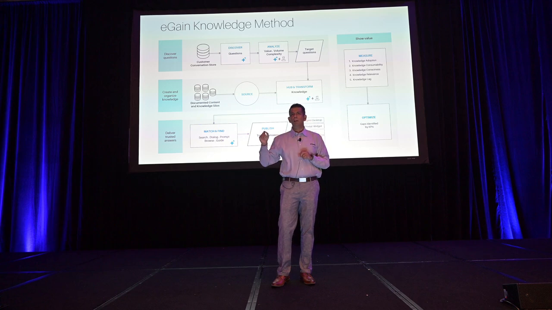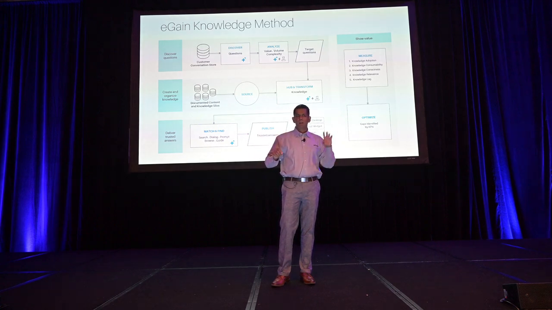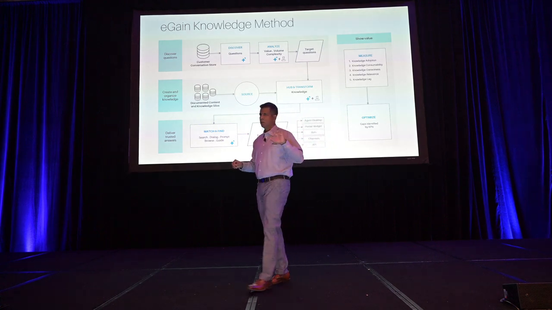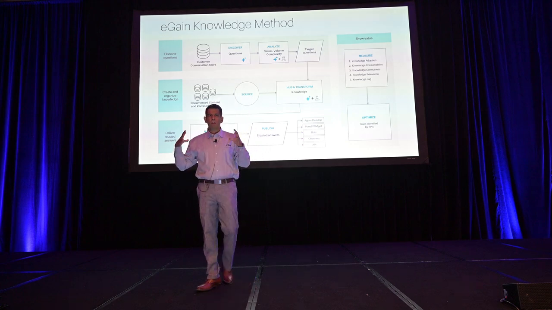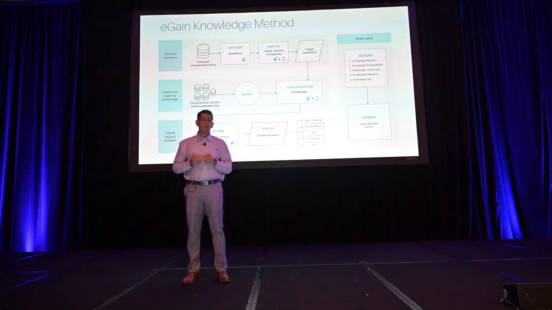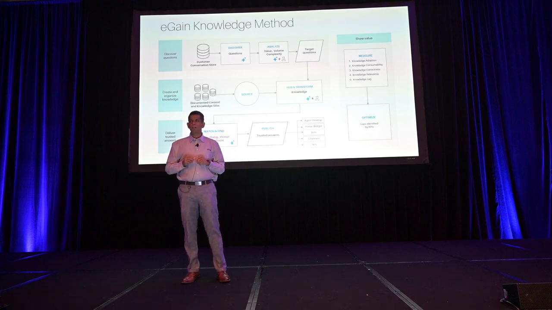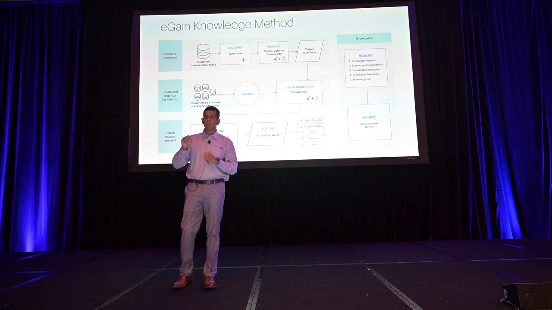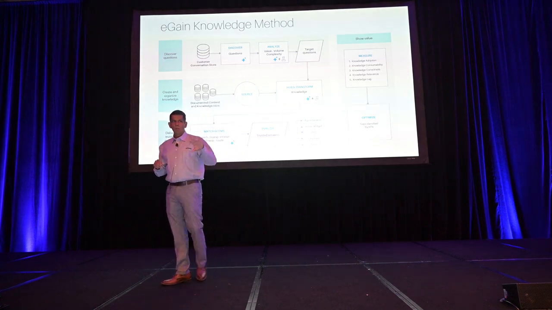So, starting from the top, discovery of questions from your call conversation transcripts. That's something that we can automatically do. Once the questions are discovered, for the analysis, it's good to have human eyes on it so we understand what's important for you. The same goes for transformation.